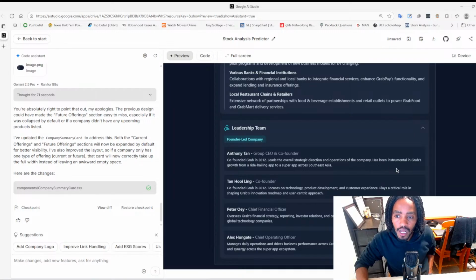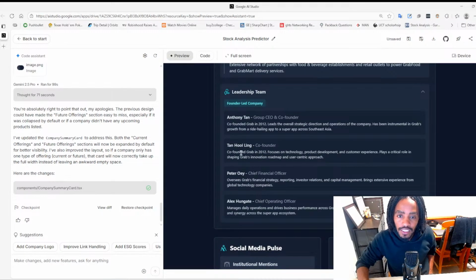Operation of the company has been instrumental to Grab's growth from ride-hailing app to super app across Southeast Asia. That's Anthony Tan, and then Tan Hooi Ling co-founded Grab in 2012. She's the co-founder and chief financial officer. Cool. The fact that the co-founders are still leading it, that it's a founder-led company, already makes me excited.